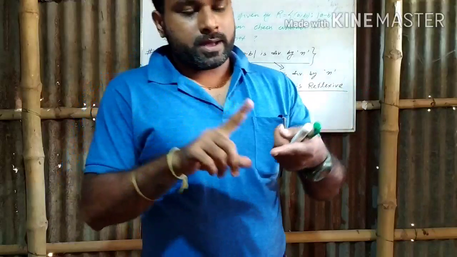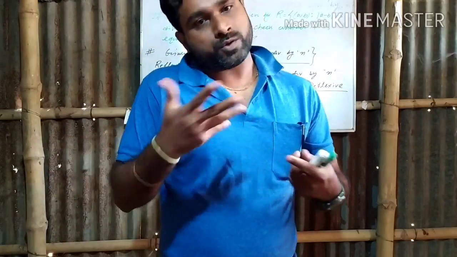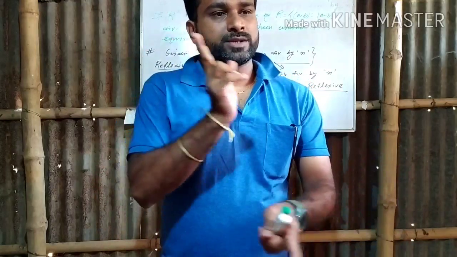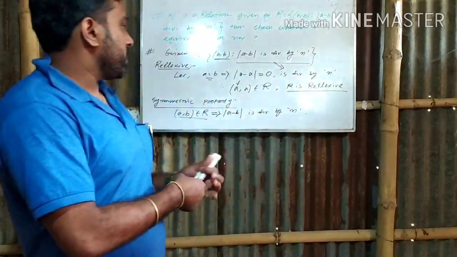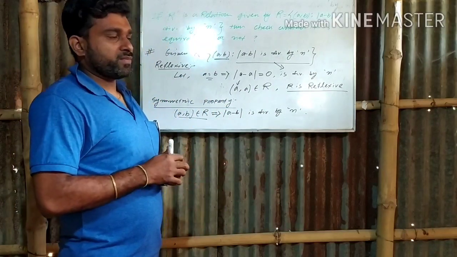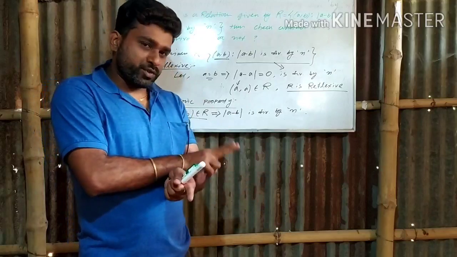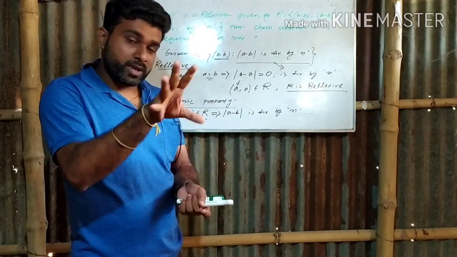So I think if A and B are friends, then B and A also are friends. So that means if you are interchanging their positions, the friendship will not be changed. So here also the same thing. We have to verify that if you interchange their positions, will the relation be changed or not? We have to verify, just see.